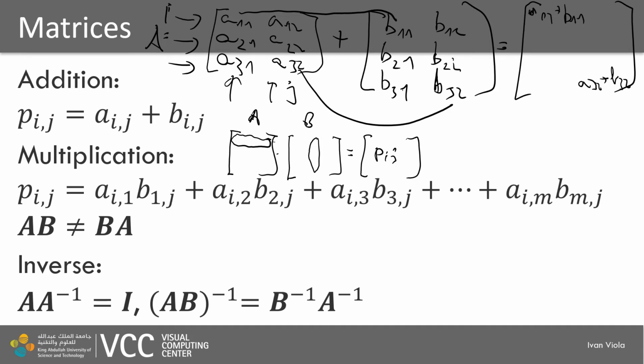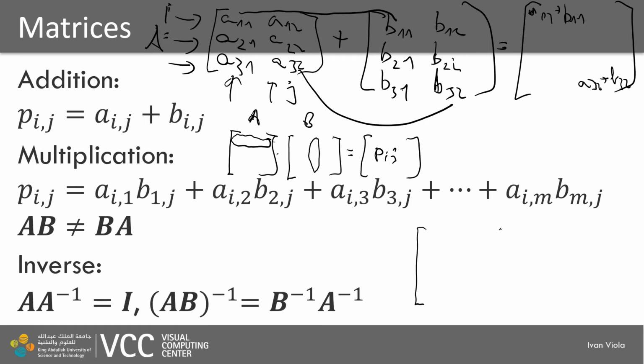What is an inverse element of a matrix? The inverse of a matrix is such that if we multiply the matrix with its inverse, we end up with an identity matrix. What is an identity matrix?